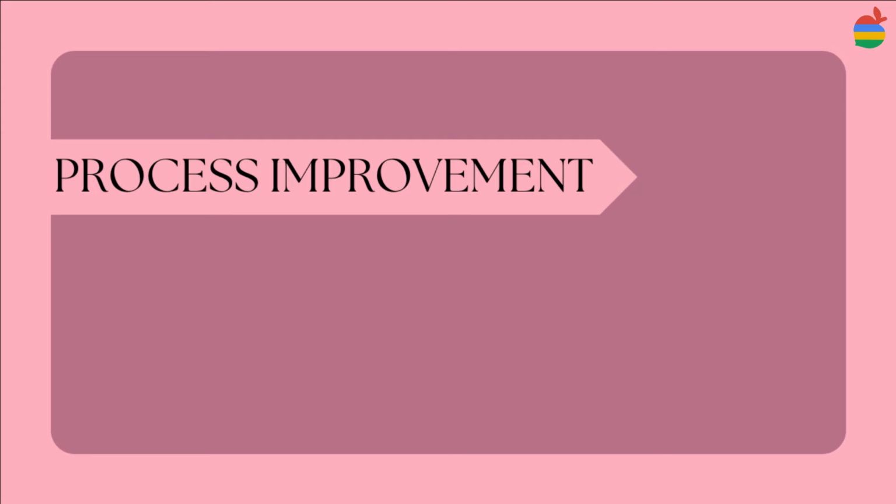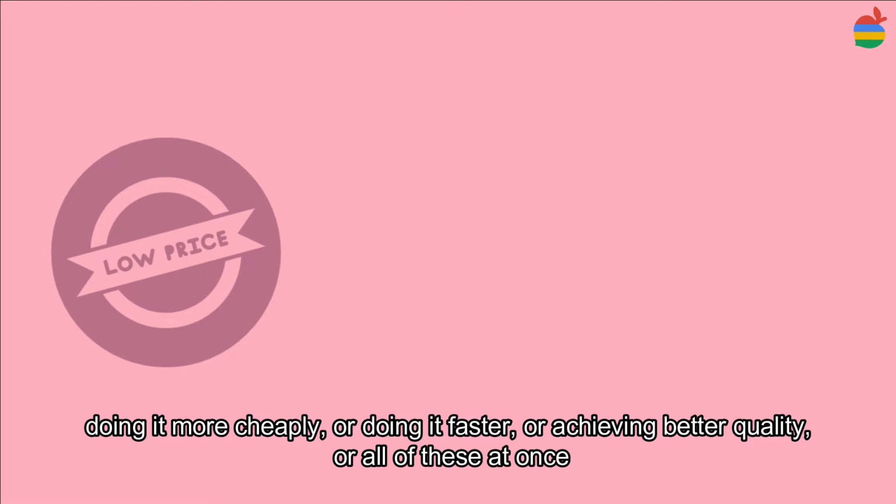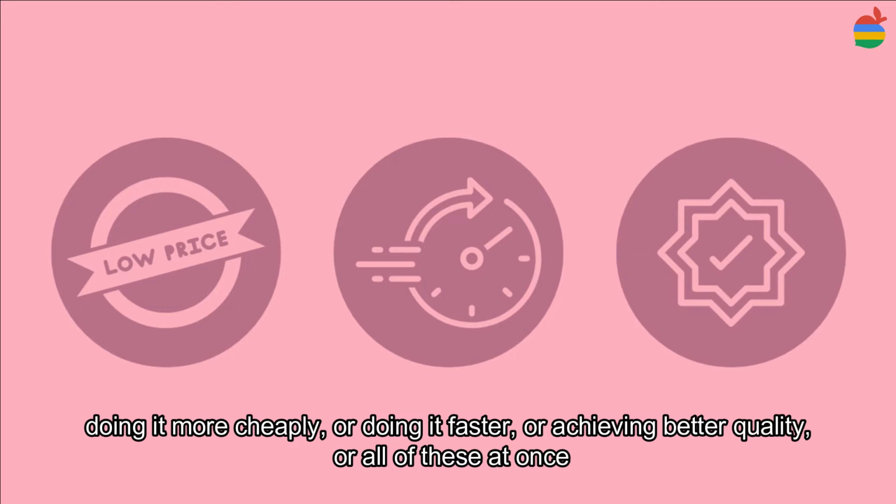What is process improvement? Process improvement is about taking the core of what you do, whatever it is that your company sells in order to make a profit, measuring it, and then finding ways to do it better. Doing it better could mean doing it more cheaply, or faster, or achieving better quality, or all of this at once.